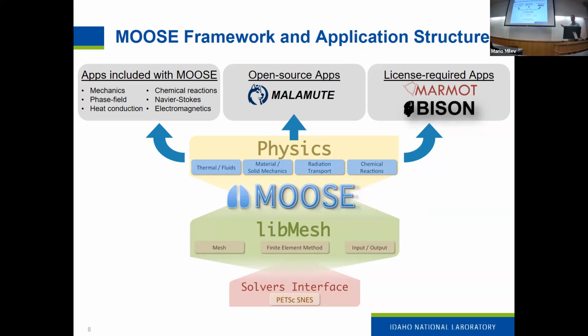Marmot is the module that does phase field on nuclear materials. And then Bison is the application that we use to simulate the performance of a fuel element at the engineering scale or the design scale. Those are the types of things that you would need a license for.